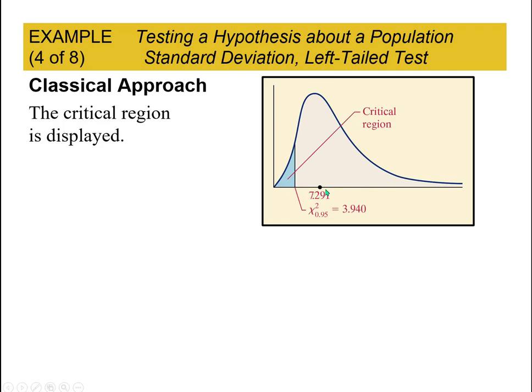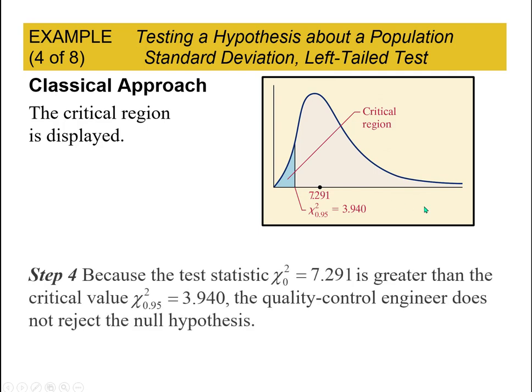So you can kind of already see we're not going to reject the null. We're not in the critical region for the left-tailed test. It's because our test statistic 7.291 is greater than, in this case, for the left-tailed test, our critical value, 3.94. So the quality control engineer does not reject the null hypothesis.